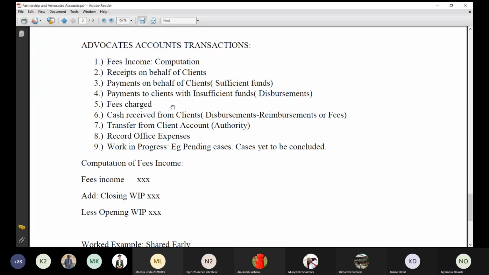Then we may also make payments on behalf of clients. Linda has just deposited 300 million in our account. The seller requires a 10% deposit. We will make that payment from Linda's resources because Linda has sufficient funds.